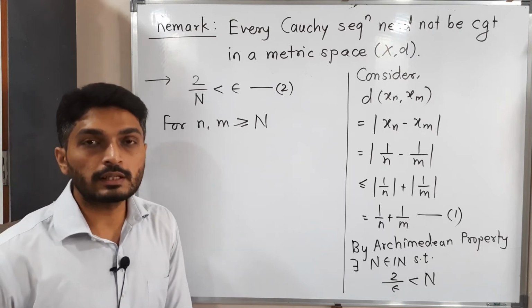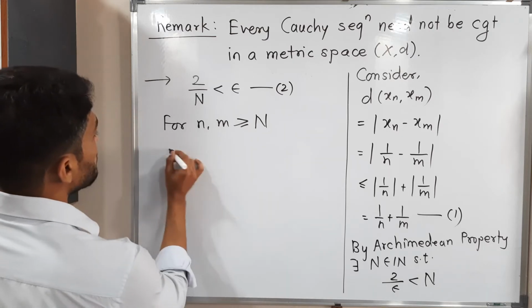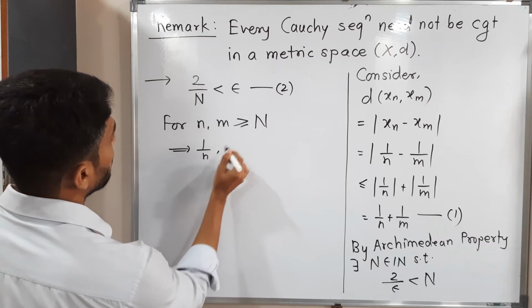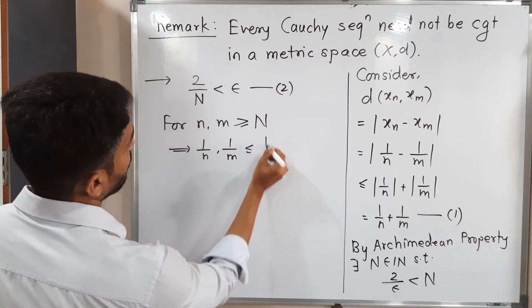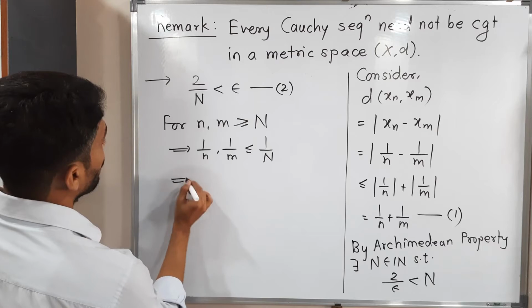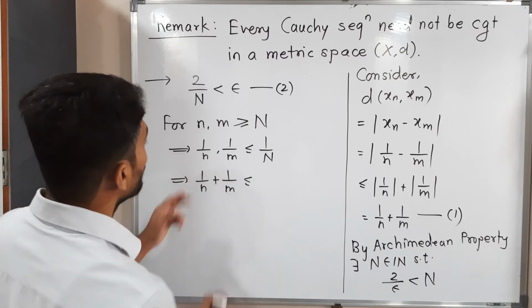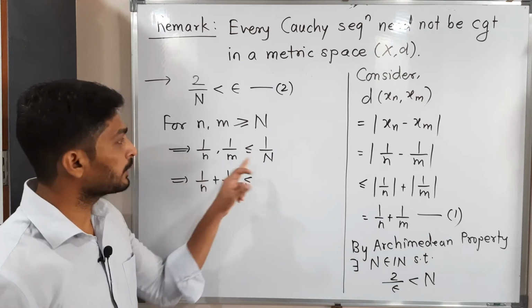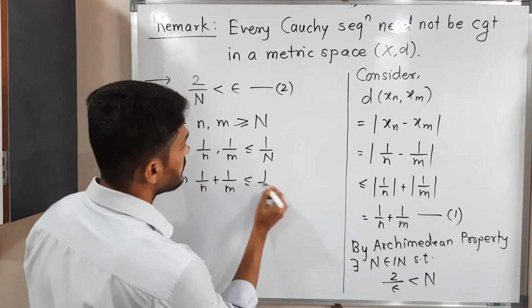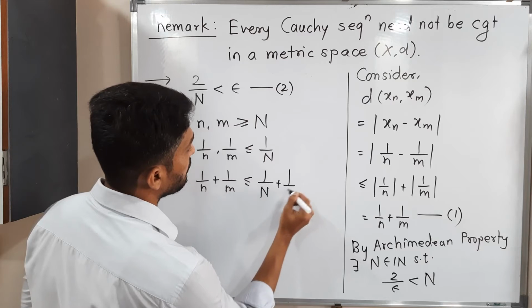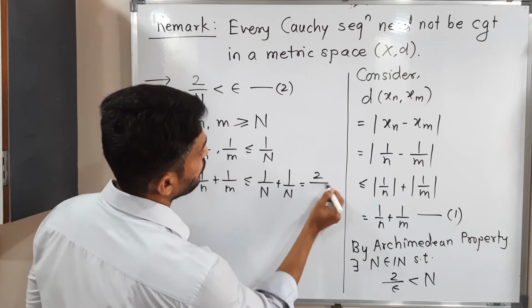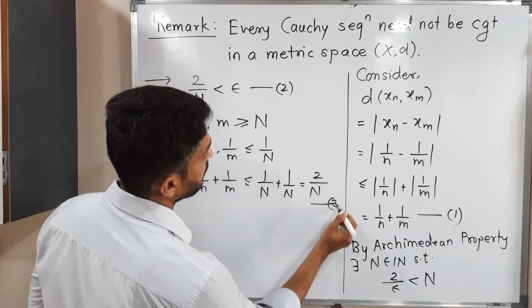If you take the reciprocal, the inequality gets changed. Therefore, 1 upon n plus 1 upon m: this one is less than 1 by N, and this one is also less than 1 by N. If you add, this is less than 1 by N plus 1 by N, which is equal to 2 by N. This is inequality number 3.